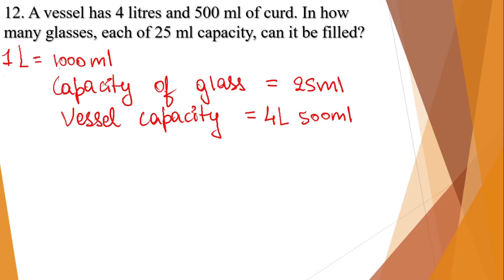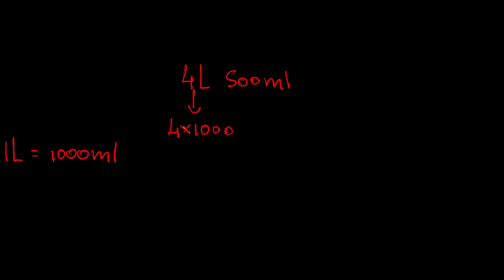Now, to convert 4 liters and 500 ml to milliliters, we should do this. Here 500 is already in milliliters, so no need to convert. Now we should only convert 4 liters to milliliters. So we know that 1 liter is equal to 1000 milliliters. Then 4 liters will be equal to 4 into 1000 milliliters. Now 4 into 1000 is 4000.